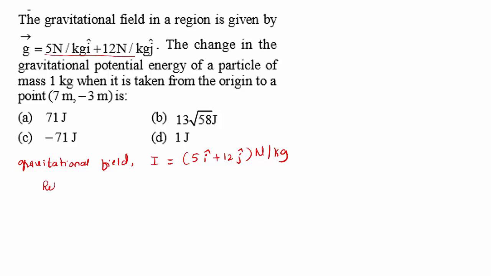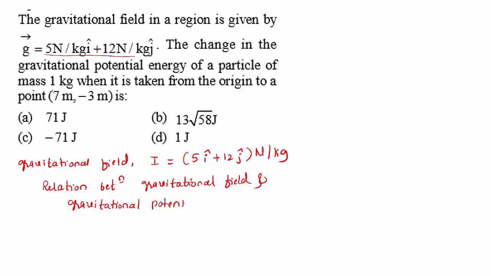Likewise, we have the relation between gravitational field and gravitational potential, just like electric field and electric potential. So the equation is I equal to minus dV divided by dr. We can use this equation, right?